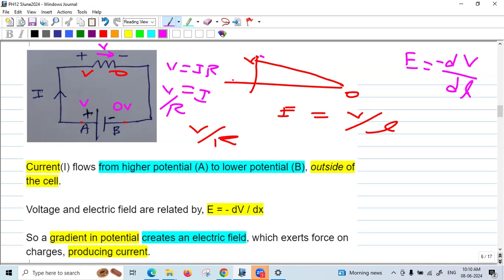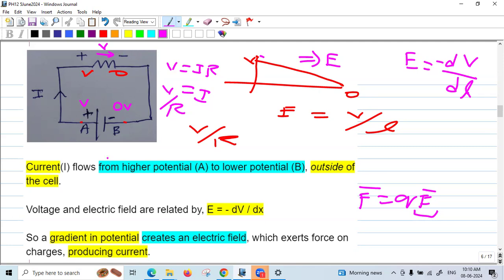Okay. So once you have the potential gradient, that means there is an electric field. Once you have an electric field, a charge will move, because force on a charge is Q into E. So when an electric field is there, there will be a force on the charge, which is Q into E. So that way also we can understand there is a current flow, because the electric field is there because there is a gradient of potential.